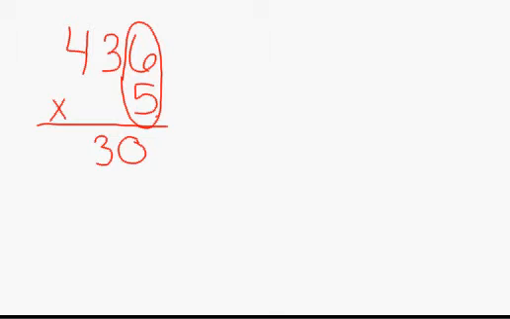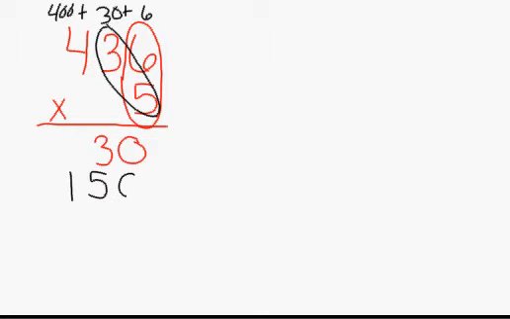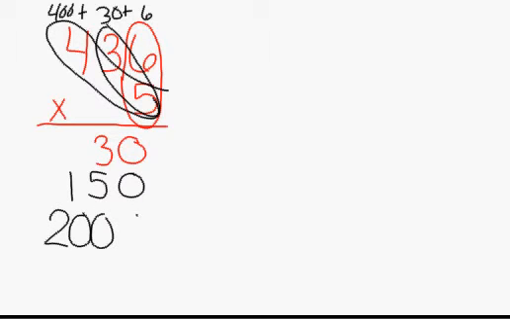It's really like a 30. So remember, just like in expanded form, it's really 30. So 5 times 30 is 150. And then 5 times 400 is 20 and 2 zeros. So that's where that's coming from.